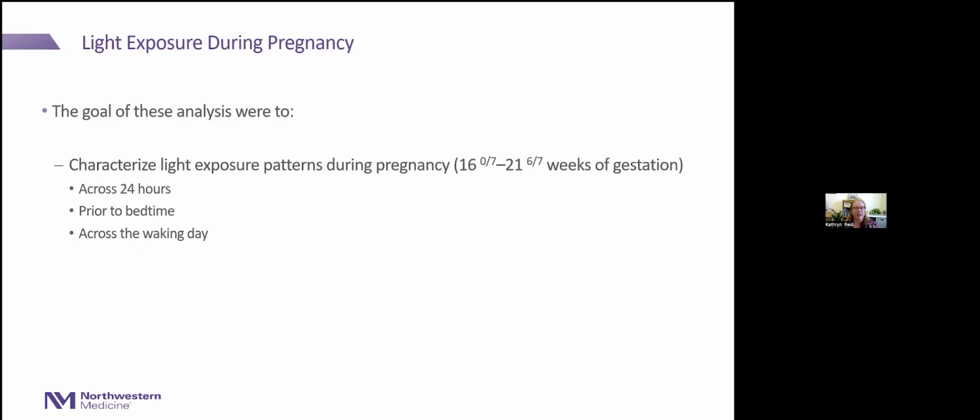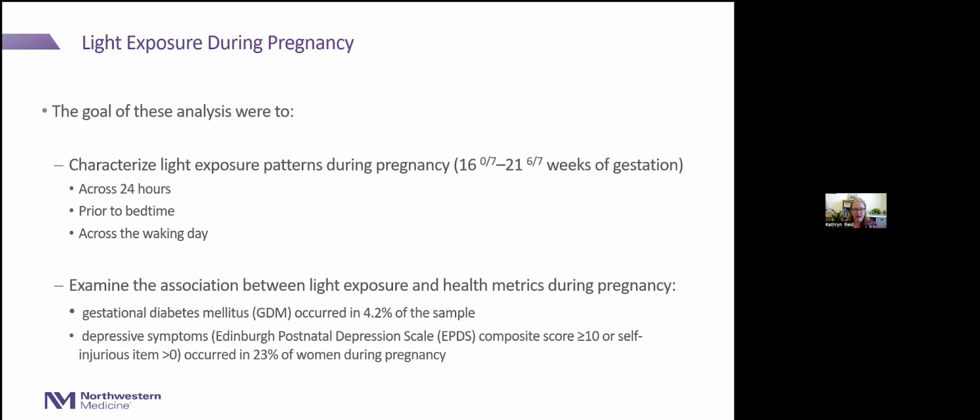So the goals of this analysis were to characterize light exposure patterns during pregnancy across 24 hours and prior to bedtime, a time when light exposure is being shown to negatively impact sleep and metabolism, and across the waking day. And so we were examining gestational diabetes, but I'll also talk to you a little bit about a new study that's in preparation where we're looking at depressive symptoms in women during pregnancy.